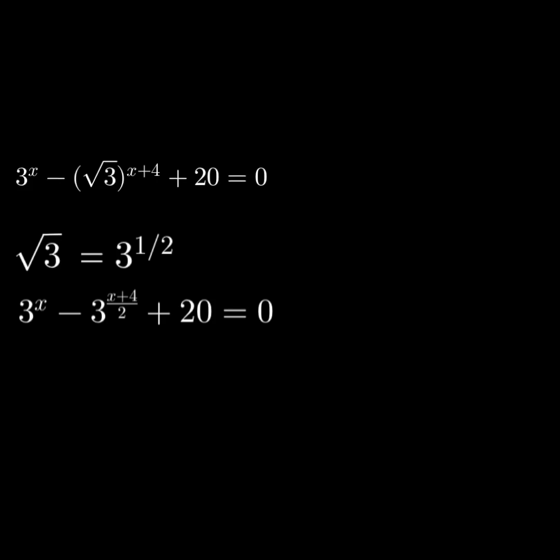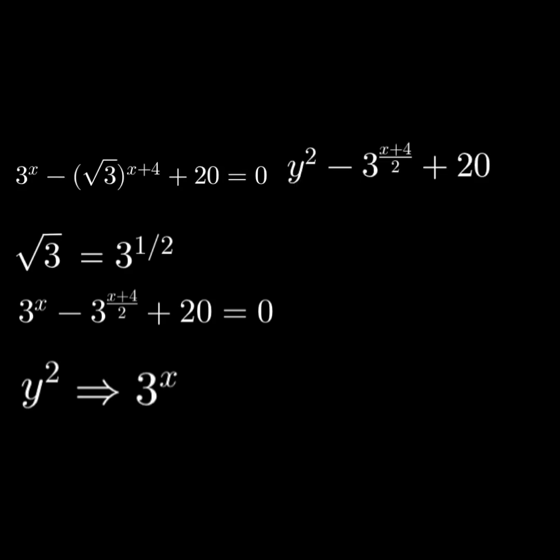Now we can say let y squared equal 3 to the power of x, so that we can substitute y squared for 3 to the power of x throughout the equation. Hence the new expression will be y squared minus 3 to the power of (x plus 4) over 2, plus 20 equals 0.